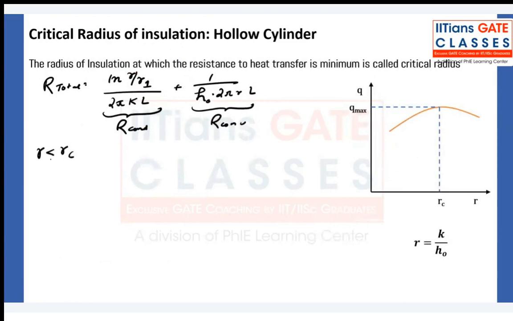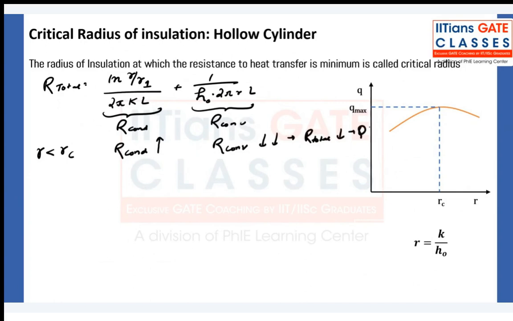what will happen? You are increasing the conduction resistance, so the resistance due to conduction is going to increase, yes, but the decrease of resistance due to convection is more. Therefore, R total is going to decrease and heat transfer is going to increase.